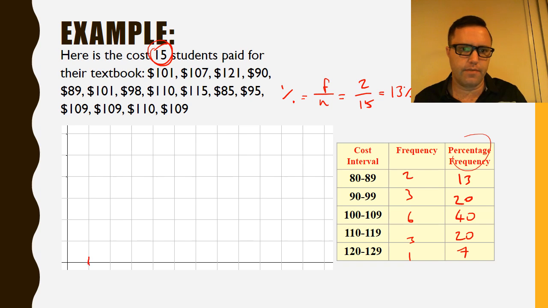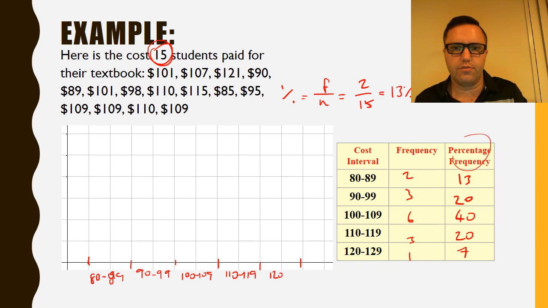Okay, so we're going to break up this x-axis again into our 5 different class intervals. So 80 to 89, 90 to 99, 100 to 109, 110 to 119, 120 to 129. Now this time we've got up the side 10%, 20%, 30%, 40%, 50%.